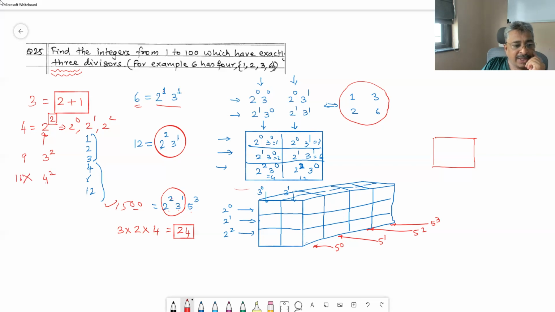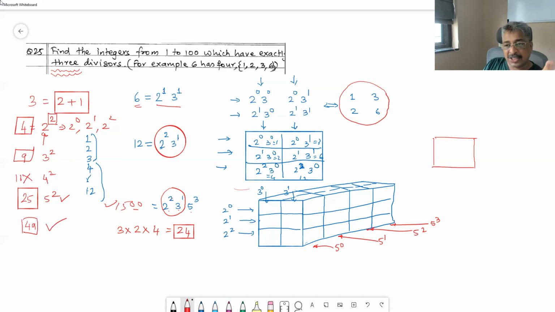Will we have the next perfect square, 25, 5 raised to 2? Will it have 3 divisors? Yes: 1, 5 and 25. So we have got 4, we have got 9, and 25. 36, no, because 6 is 3 into 2. Then 7, 49 will have 3 divisors, correct?